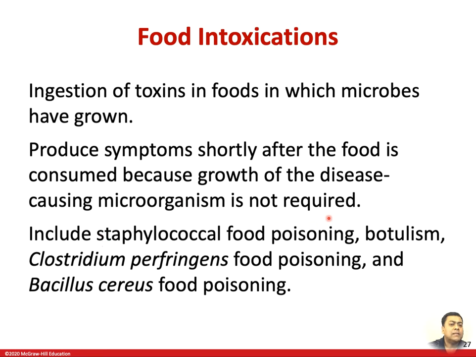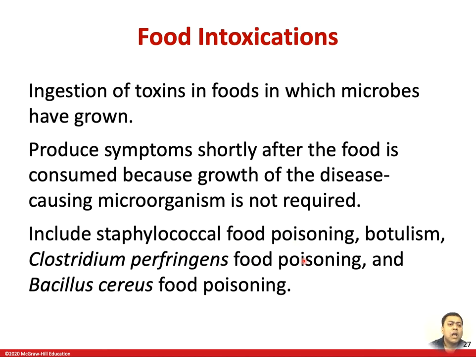Whereas you can see that staphylococcal food poisoning, botulism, Clostridium perfringens food poisoning, Bacillus cereus food poisoning, these are all different types of food poisoning that produce toxins. If ingested, they can make the person sick. Say, for example, after eating at picnics, if someone starts profusely vomiting, most of the time staphylococcal enterotoxins are involved.